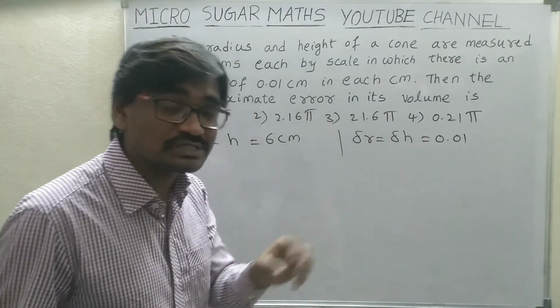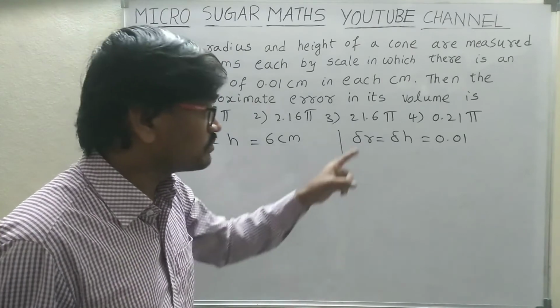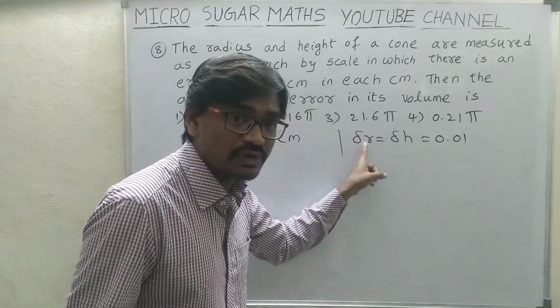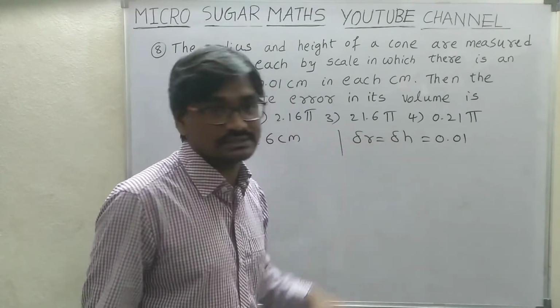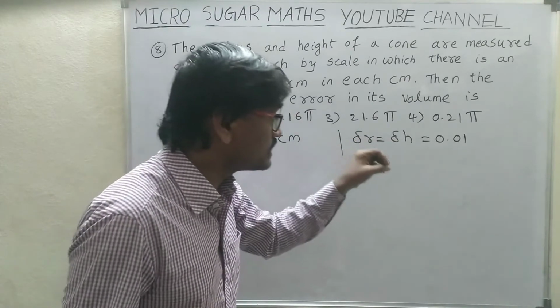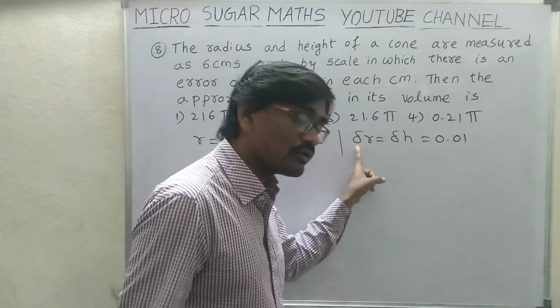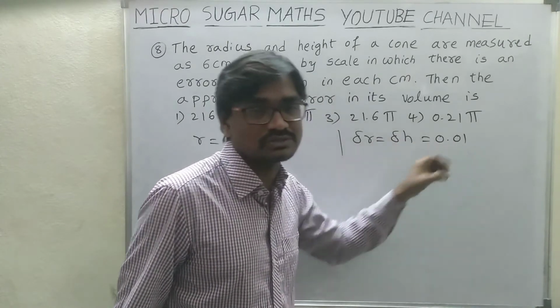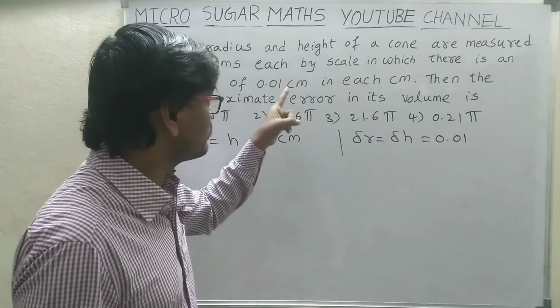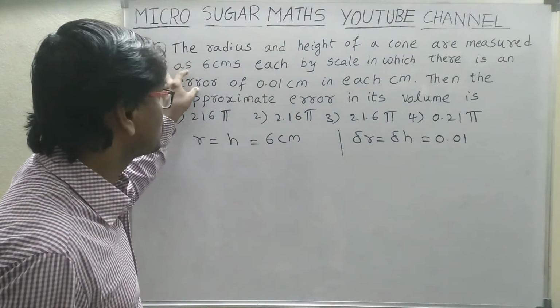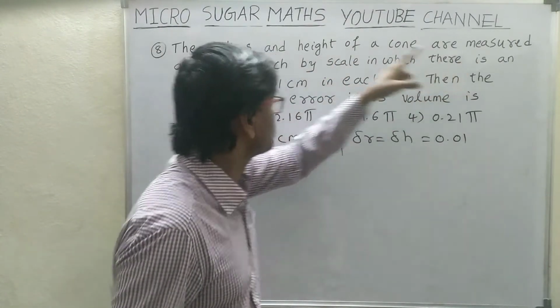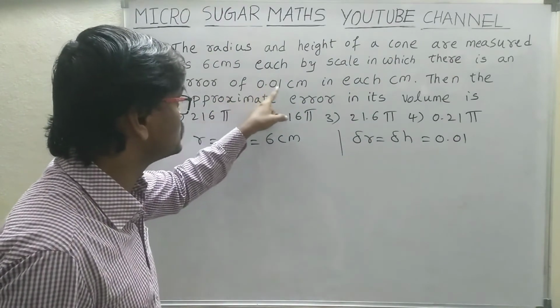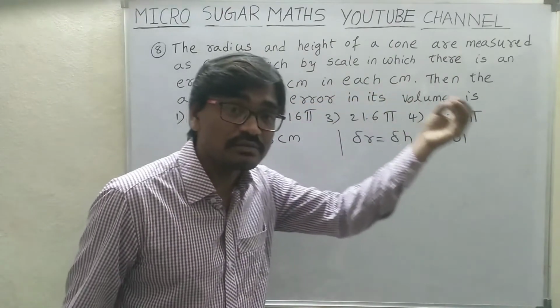Students, many are making a mistake on this value of delta r and delta h. They directly take delta r and delta h as 0.01. Here it is given as an error of 0.01 in each centimeter.